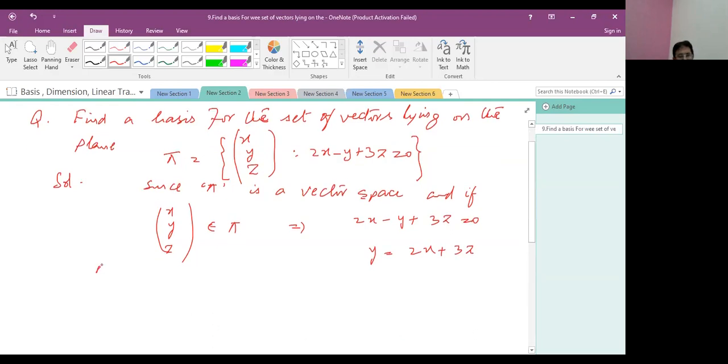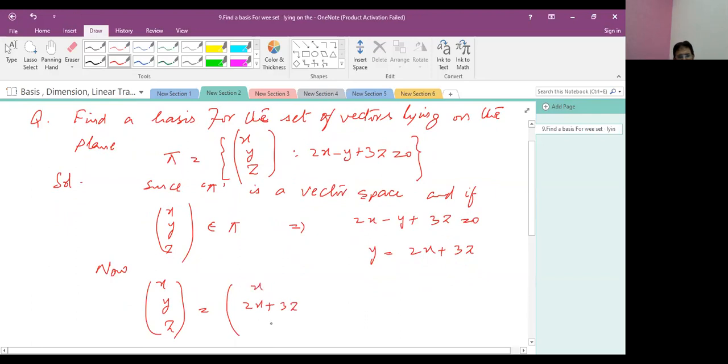This means that (x, y, z) is equal to, with y equal to 2x plus 3z, x means x and y means y. So, student, if we take common x, it means (1, 2, 0).